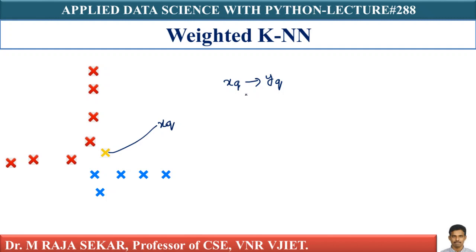So what did we do typically in simple KNN? What is the logic in simple KNN? Let's assume we are doing 5NN, which means K is 5. For this query point xq, as we are considering K equal to 5, I need 5 nearest neighbors.